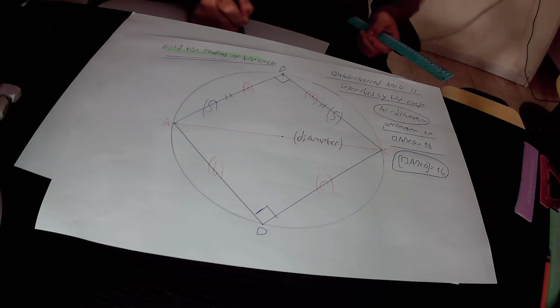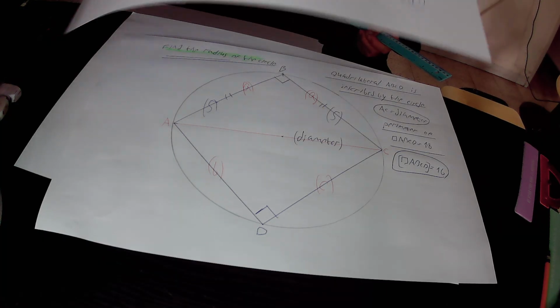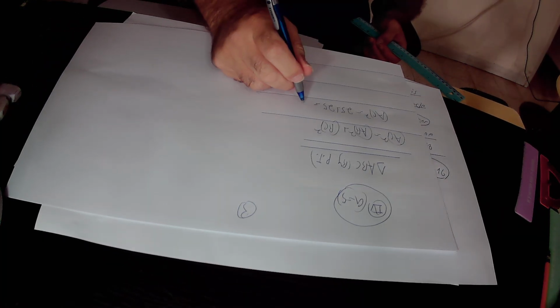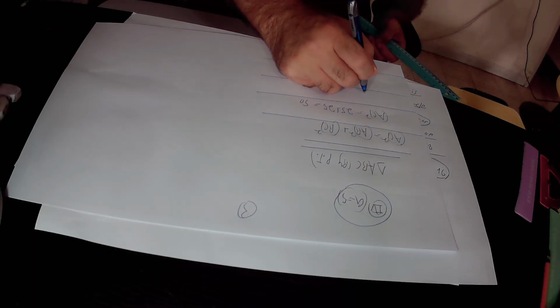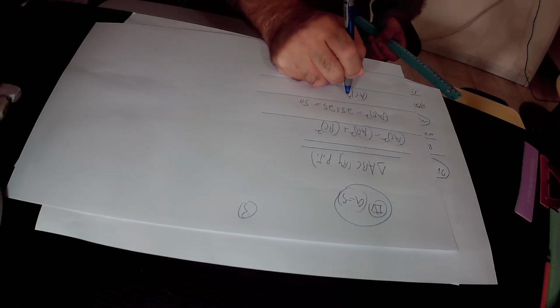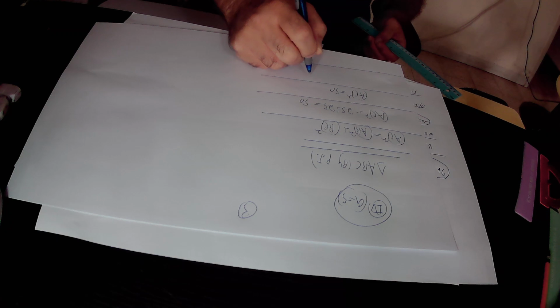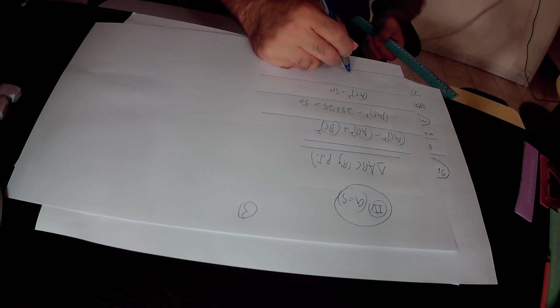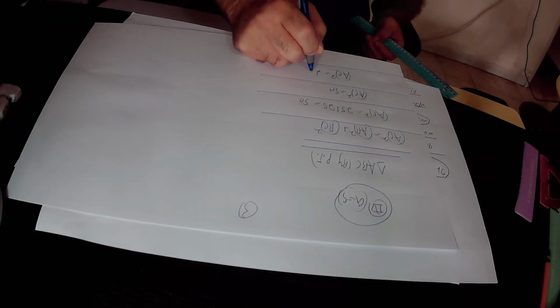So in total, we found that AC squared equals 25 plus 25 is 50, so AC squared equals 50. Here we substitute 50 by 2 times 25, or 25 times 2. So AC squared equals 25 times 2.